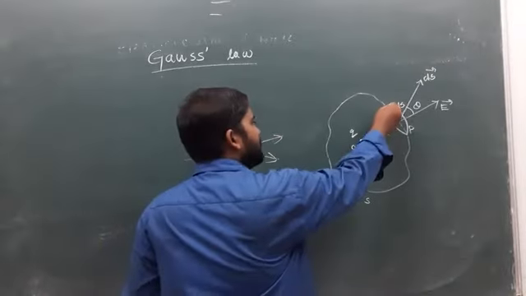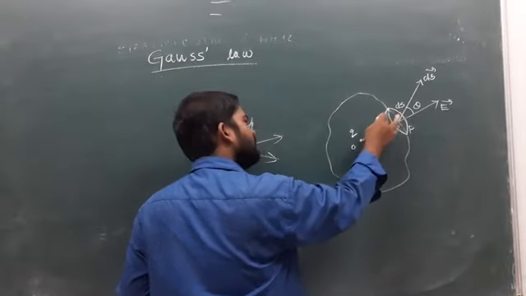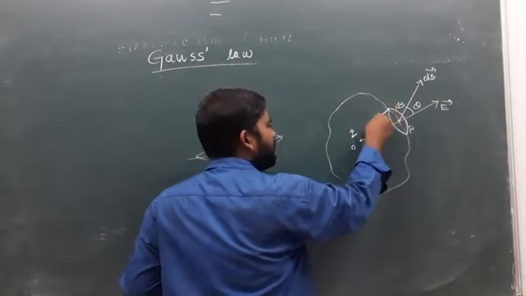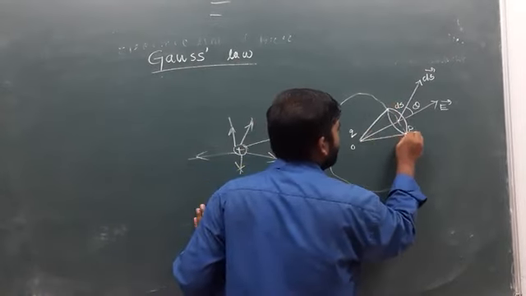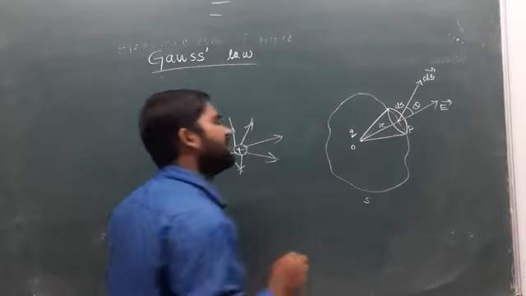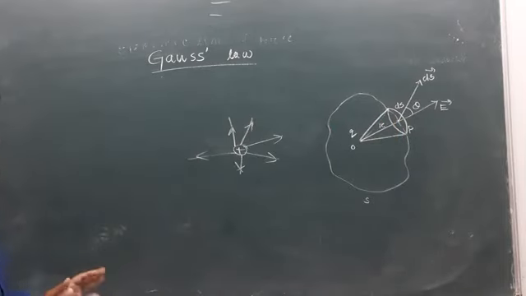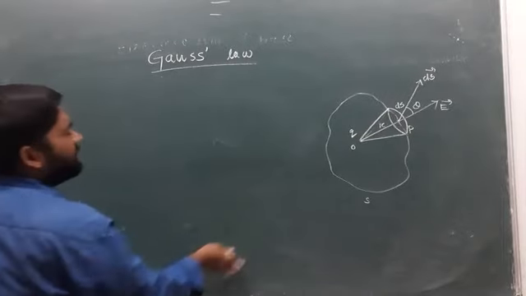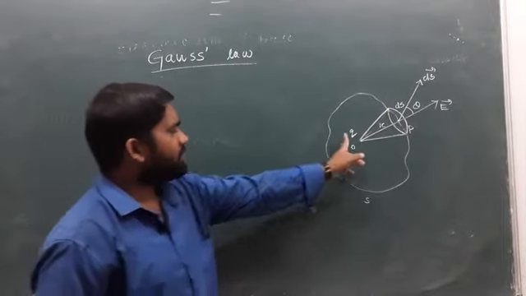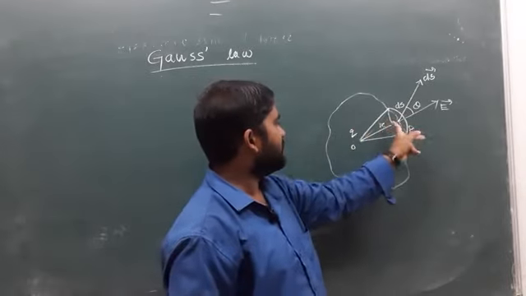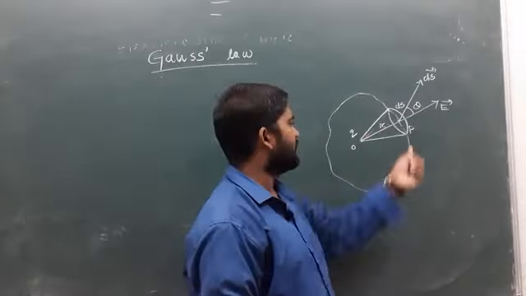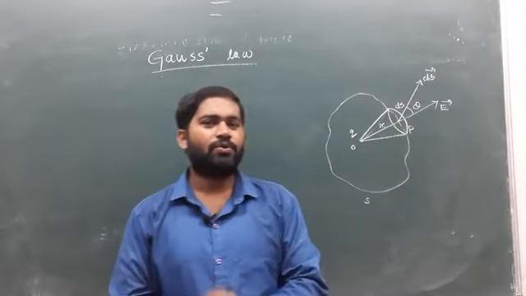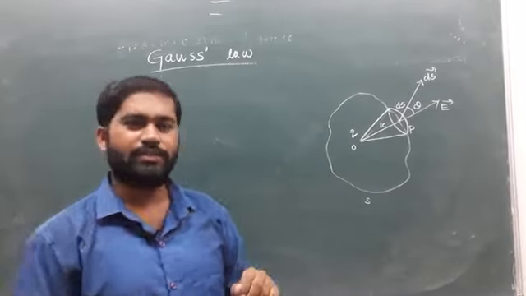Suppose we join that small surface towards the point O. As the point of observation is at a distance r from the point charge, we can measure the electric field intensity there.